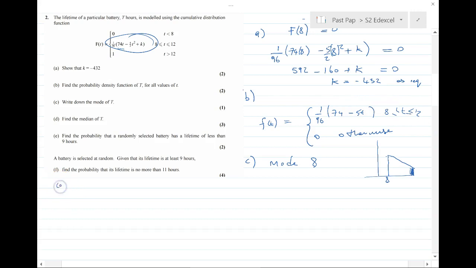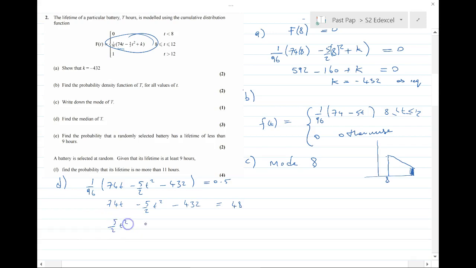So for part D, we get 1 over 96 times 74t minus 5 over 2 t squared minus 432 equals 0.5. Let's multiply that out. We get 74t minus 5 over 2 t squared minus 432 equals 0.5 times 96, which is 48.